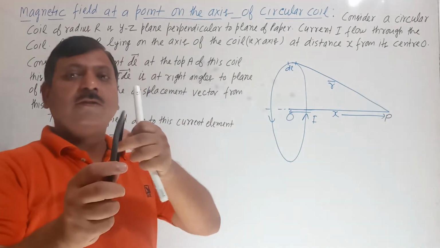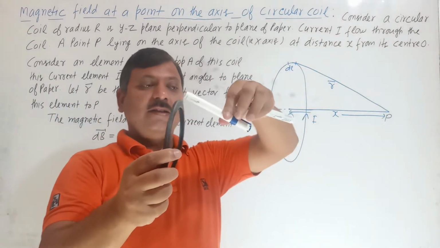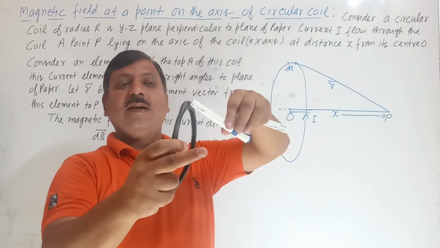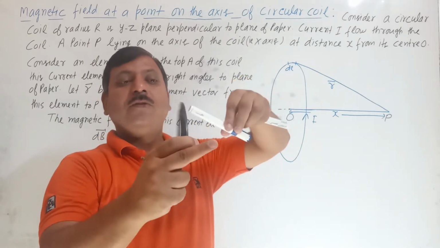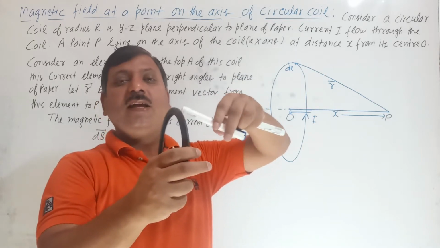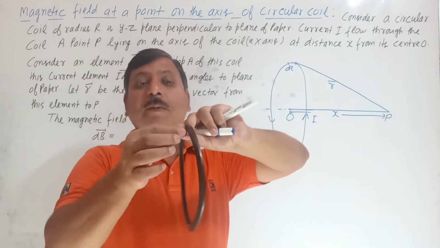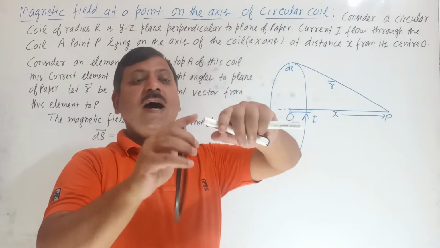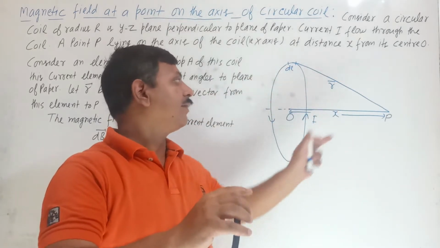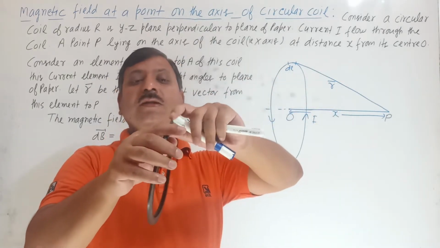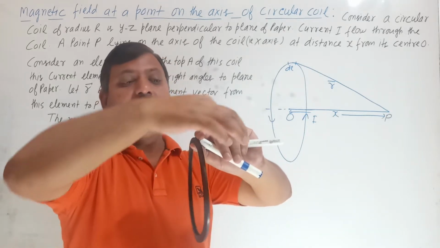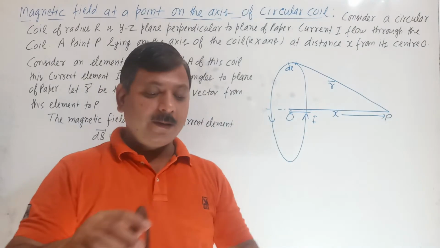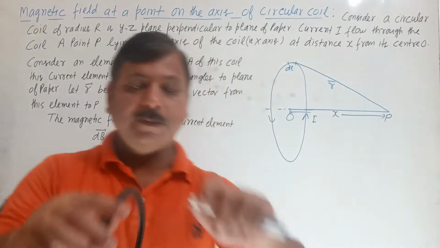If this is the coil and point P lies here on the axis, this will be the radius r. This current element dl is perpendicular to the board and r lies in the plane of the board. So the angle between r and the current element will be 90 degrees.